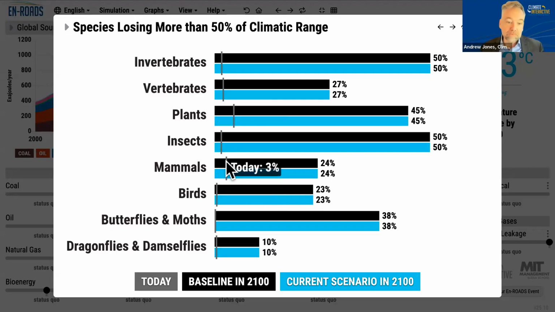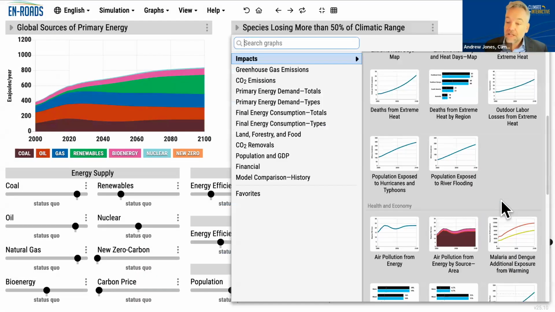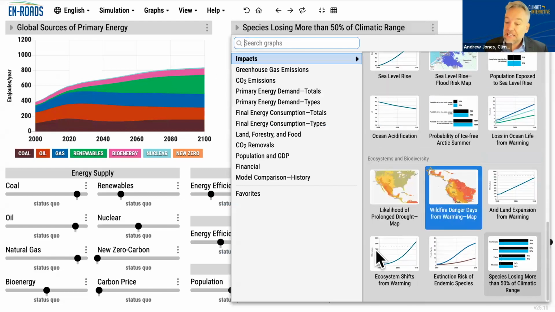And then this gray line here is we've already lost 3% of species that have lost more than half of their range due to warming. And the idea, of course, will be to get that 24% down a lot. But this is what we're facing by 2100 heading into the future because of these big changes in ecosystems.